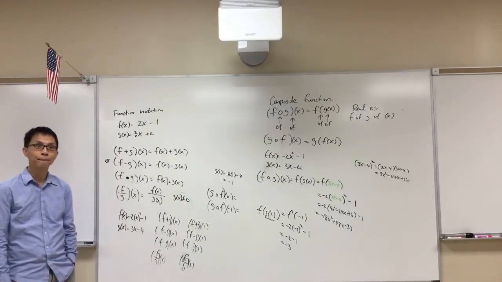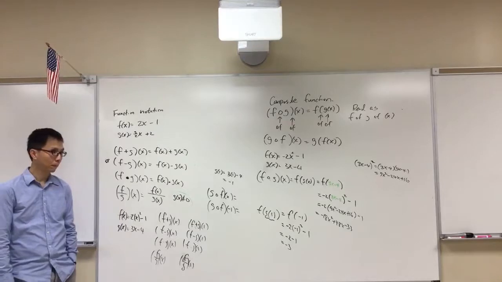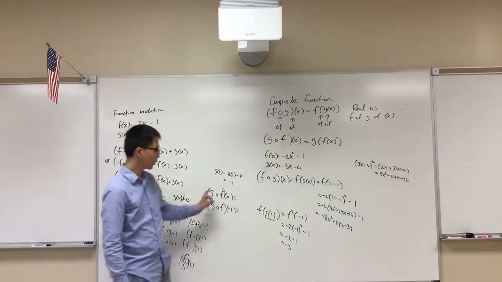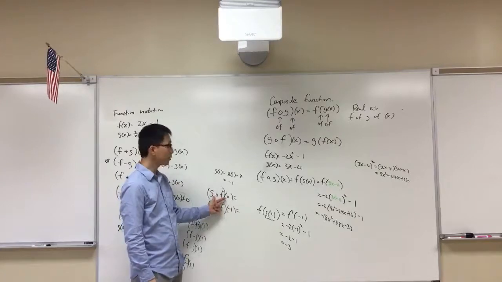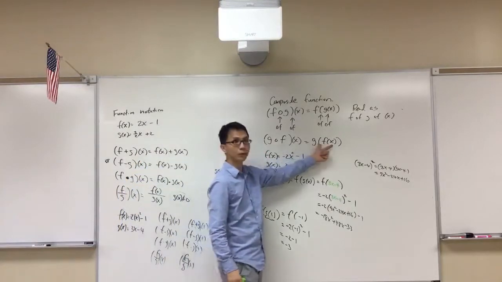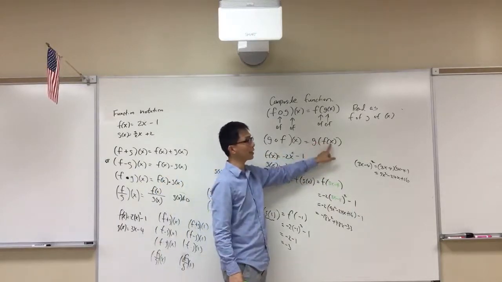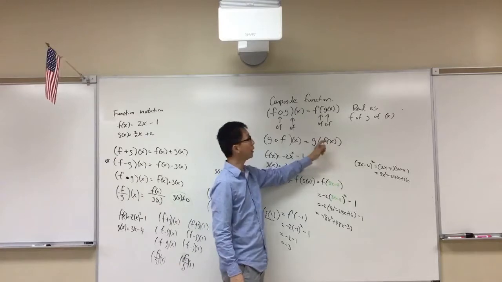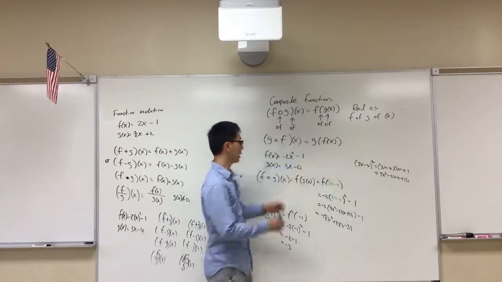Does it really matter if you put f of g of x or g of f of x? You have to make sure you rewrite it this way. It does matter, because now g is outside instead of f being outside.